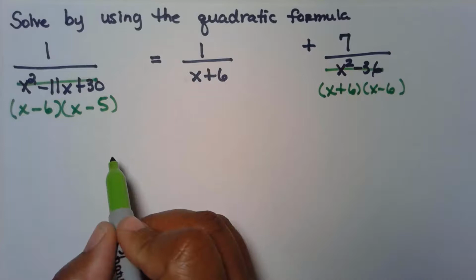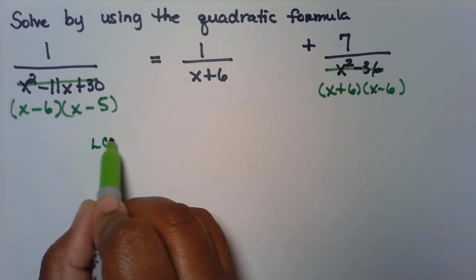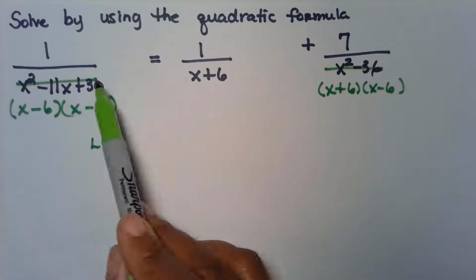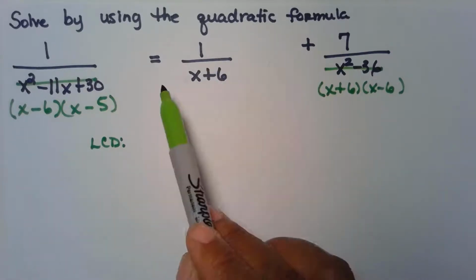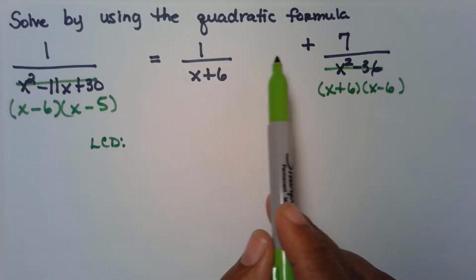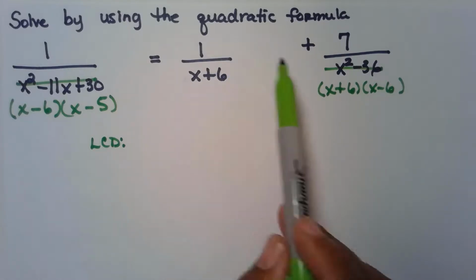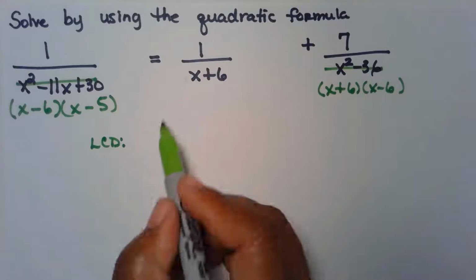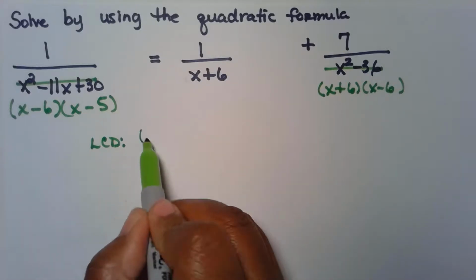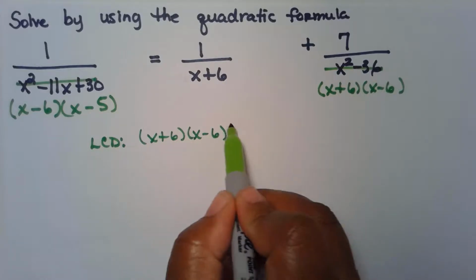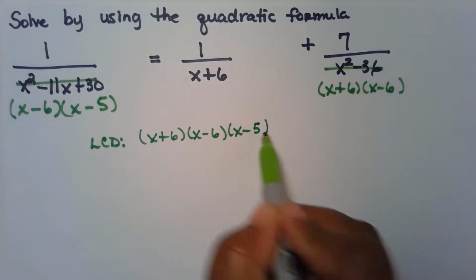Now we want to find the LCD, the least common denominator, and multiply it to all terms. I want to solve this equation without having the fractions in it, but also to solve it where we could identify our A, B, and C. So our LCD is going to be x plus 6, x minus 6, times x minus 5.